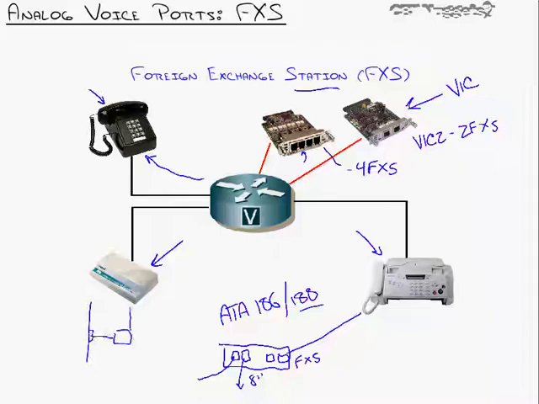You can just plug in one of these devices and connect it to the analog devices in that area. There's also, if you need a lot of them, a whole bunch of FXS ports. There is a specific, I don't want to call it a router, we'll call it a gateway, called VG224 or VG248.